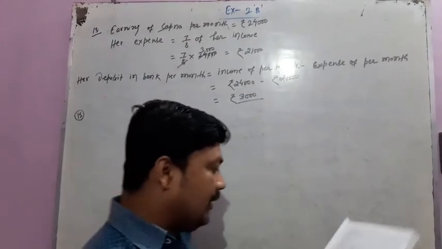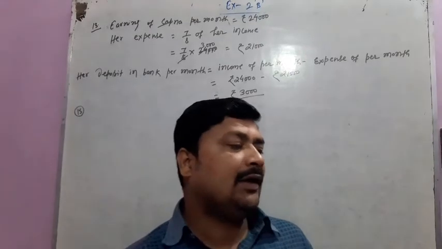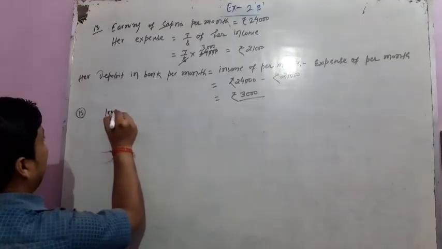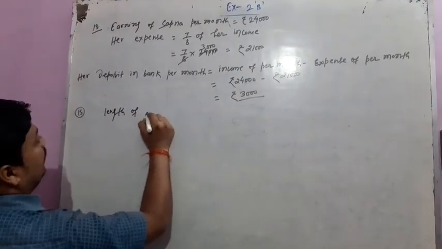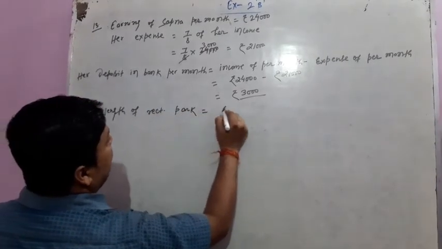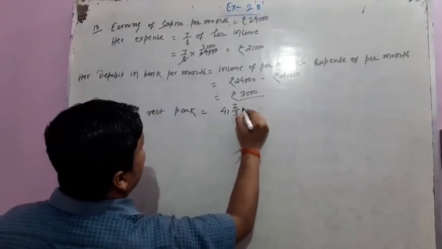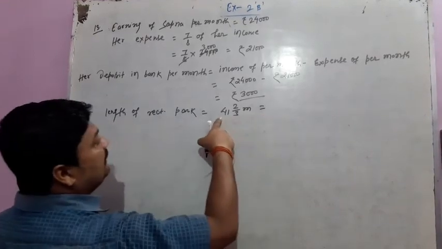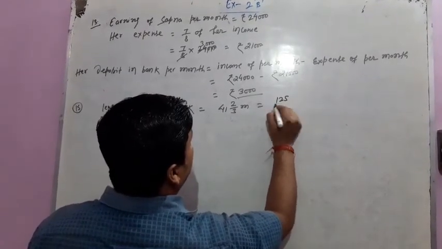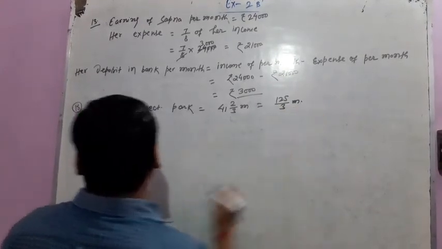In question number 15, it is given that find the area of a rectangular park which is 41 whole 2 by 3 meter long. Length of rectangular park, that is given here 41 whole 2 by 3 meter. 41 3s are 123 and 2, 125 by 3 meter.